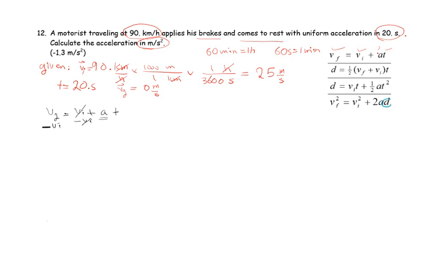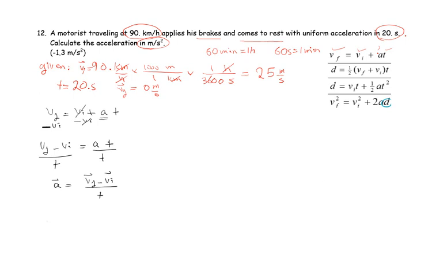On the other side, we have VF minus VI, and that equals A times T. Now we just want A by itself, so we divide both sides by T. And we have A equals VF minus VI over T. If you have it on the other side, it doesn't matter. I just prefer always to have the variable I'm looking for on the left side.